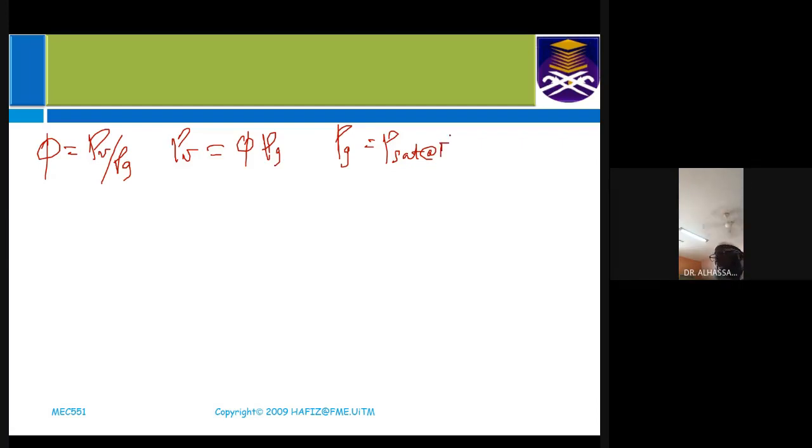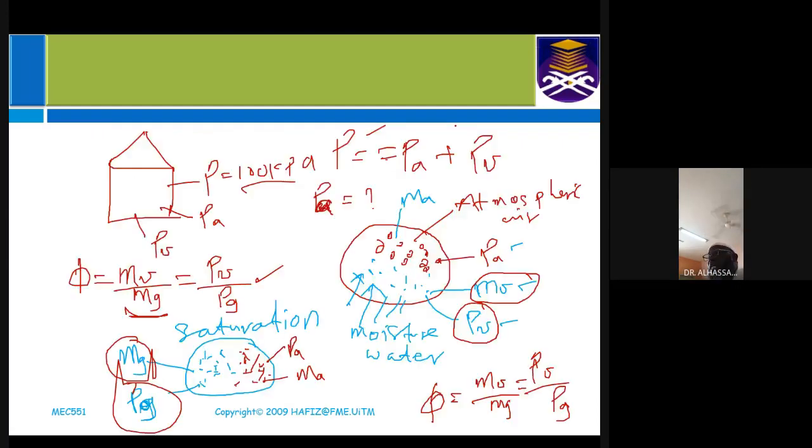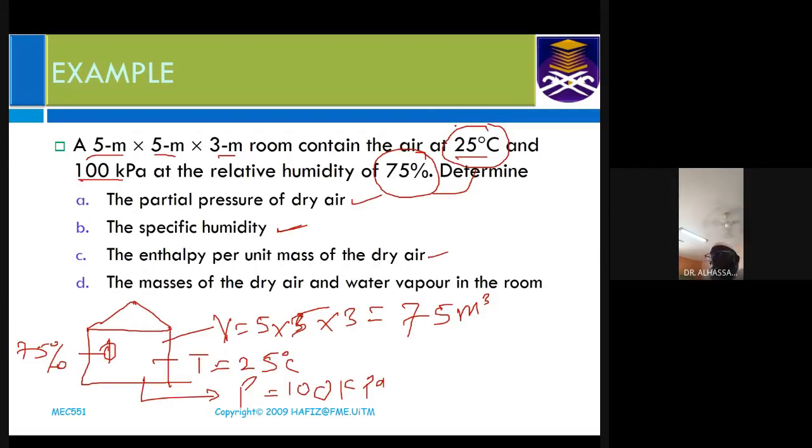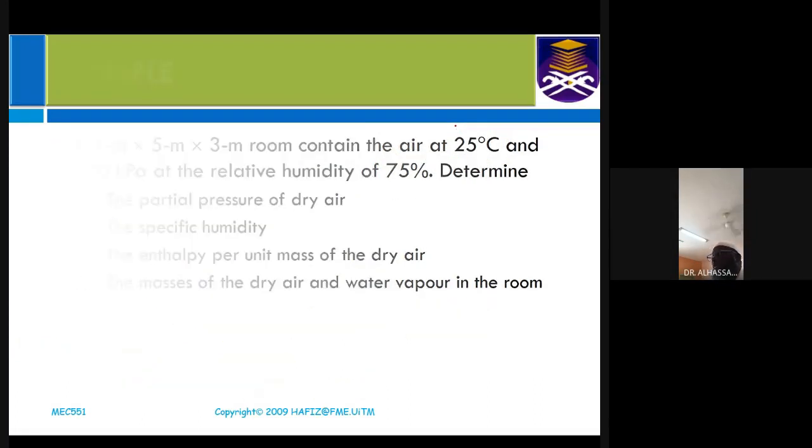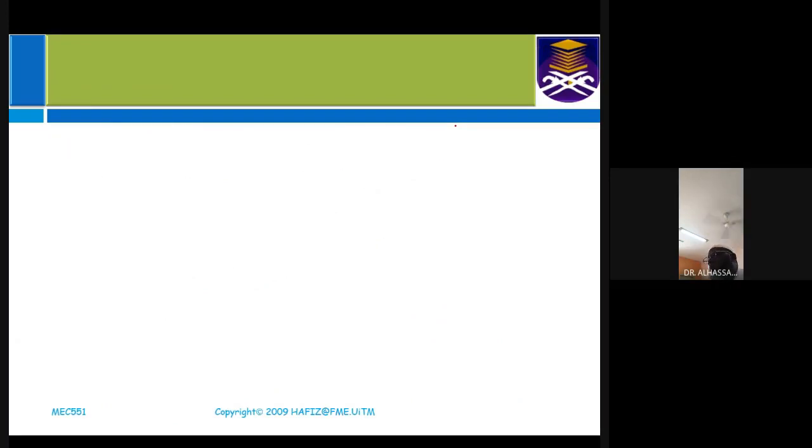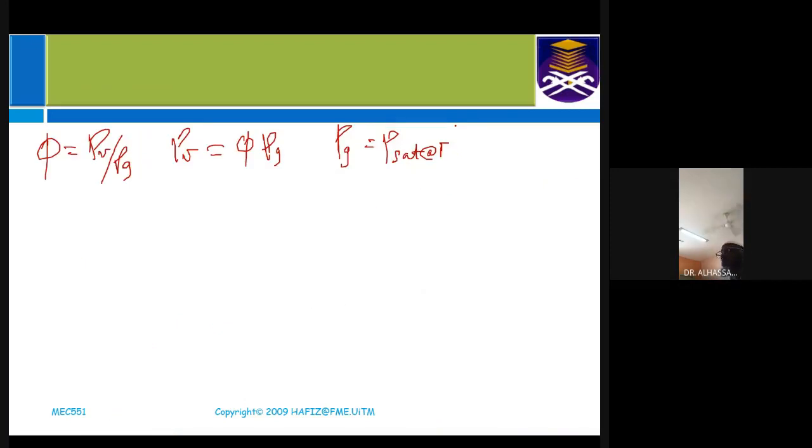at a given temperature. So the given temperature related to this question, the dry bulb temperature, is 25 degrees Celsius. Okay. So now we need to find PG equals P saturation at 25 degrees Celsius.